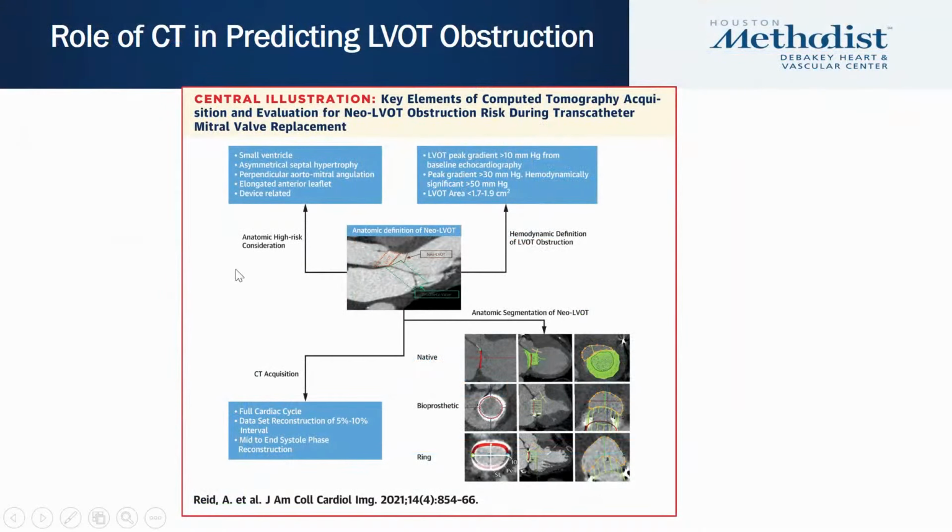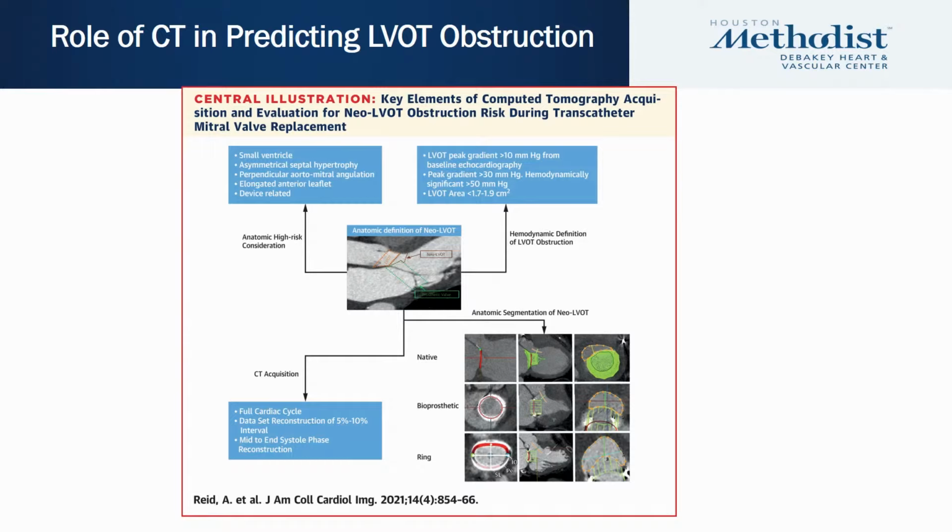So this is an example of a patient, again demonstrating the high risk features, which include the small ventricle, asymmetric septal hypertrophy, perpendicular mitral-aortic angle, long anterior leaflets, and device-related factors. The LVOT obstruction is defined as an LVOT peak gradient of more than 10 mmHg from baseline, or a peak gradient of more than 30, or a hemodynamically significant gradient of more than 50, or an LVOT area of less than 1.7 to 1.9 centimeters squared.